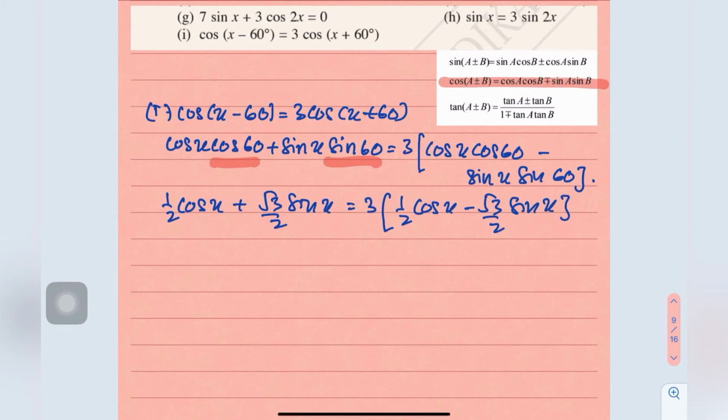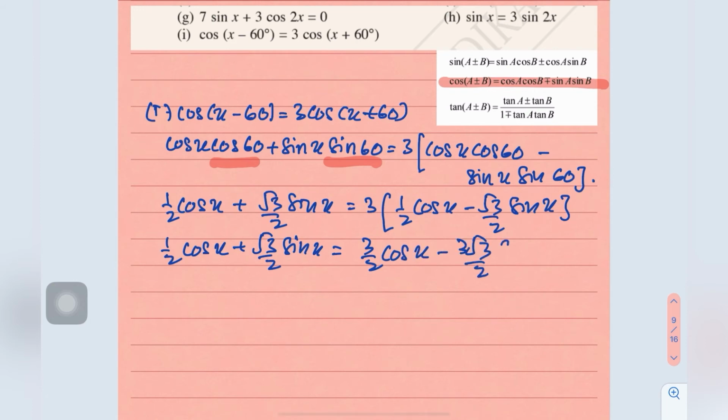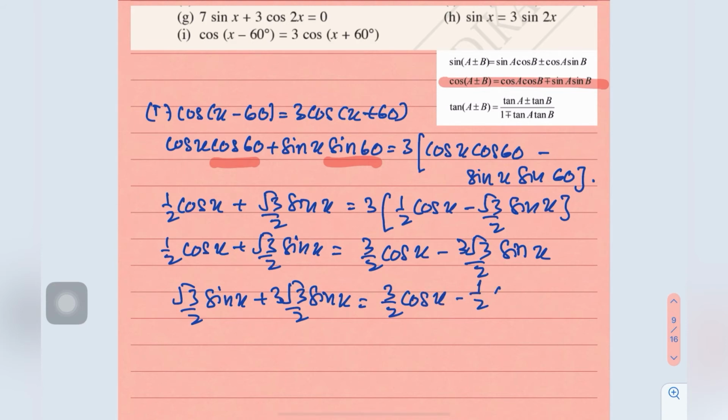Then we open the bracket. So 1 over 2 cos x plus root 3 over 2 sin x equals 3 over 2 cos x minus 3 root 3 over 2 sin x. We group sine with sine and cos with cos. So root 3 over 2 sin x plus 3 root 3 over 2 sin x equals 3 over 2 cos x minus 1 over 2 cos x.